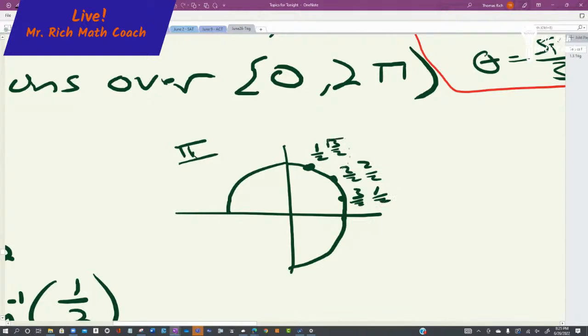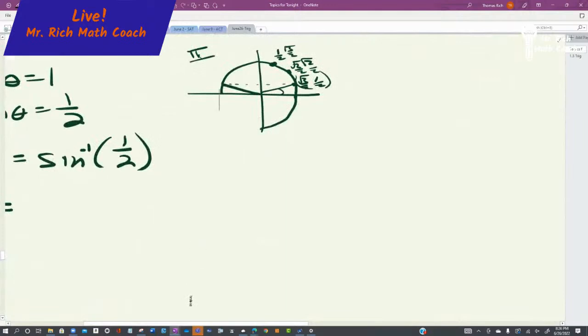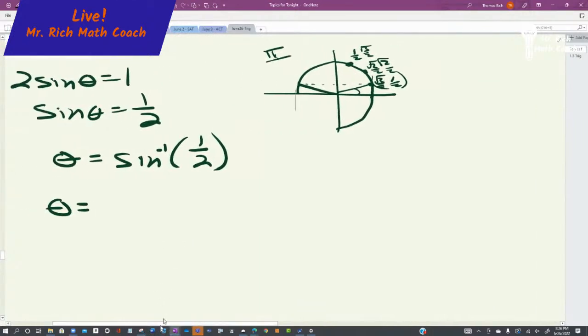I would be square rooting the numerators like that. I know that my sine is my y coordinate, and so it's over here. This is the angle that I'm looking for, 1/2. So that's going to be pi over 6. But also it's going to be the same value over here, which should be 5 pi over 6. So I have two solutions between 0 and 2 pi, where sine is equal to 1/2. That's at pi over 6 and 5 pi over 6.